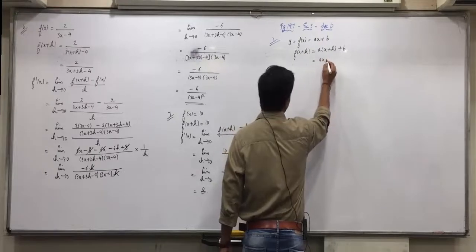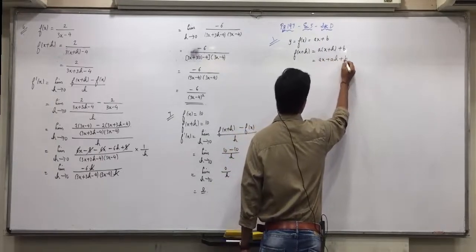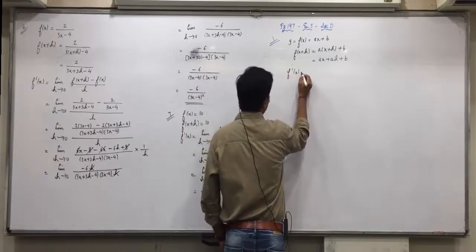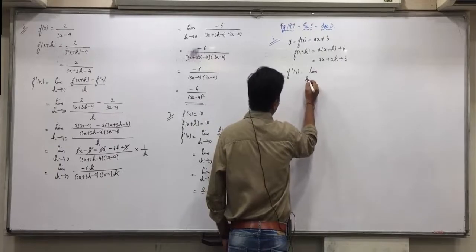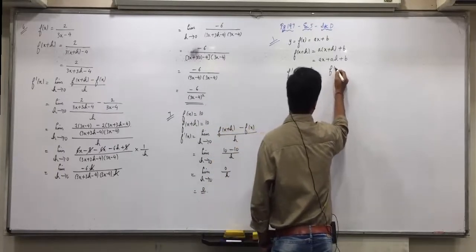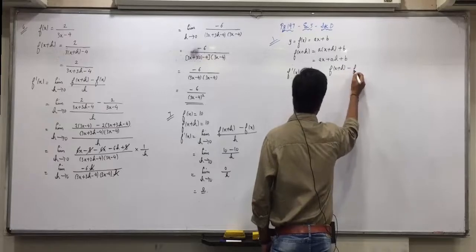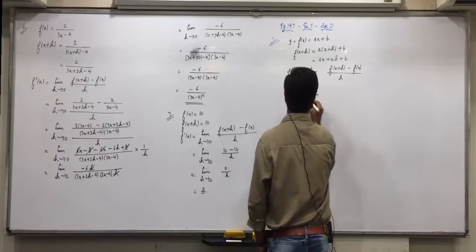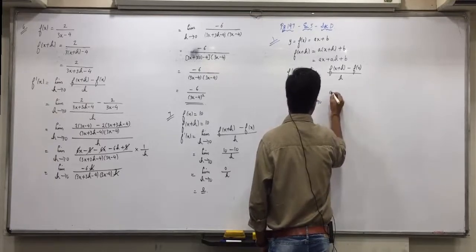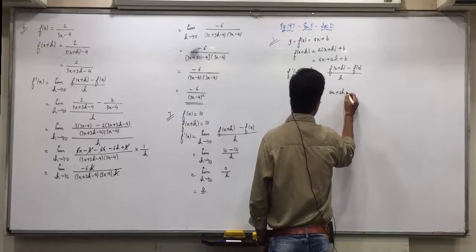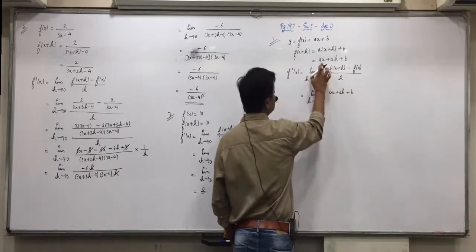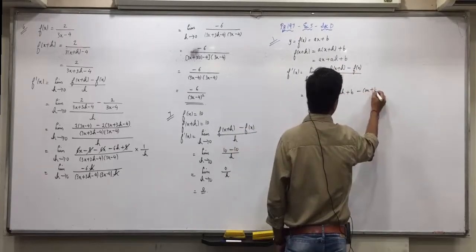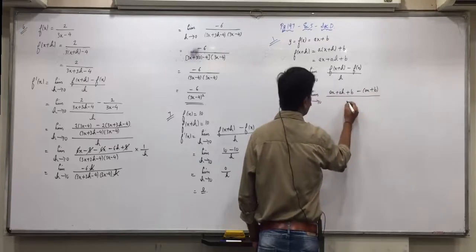Now if you open the brackets, ax plus ah plus b. f dash x equals to limit h tends to 0, f(x+h) minus f(x) upon h, is equal to limit h tends to 0, f(x+h) is ax plus ah plus b, minus f(x) is ax plus b, but we'll write it in bracket, upon h.